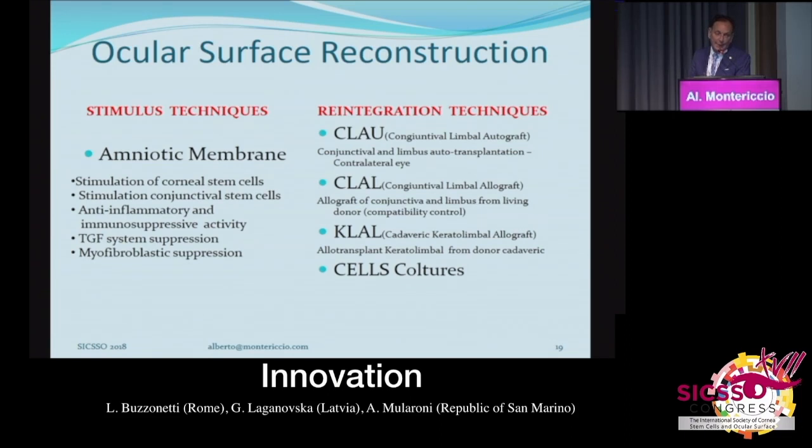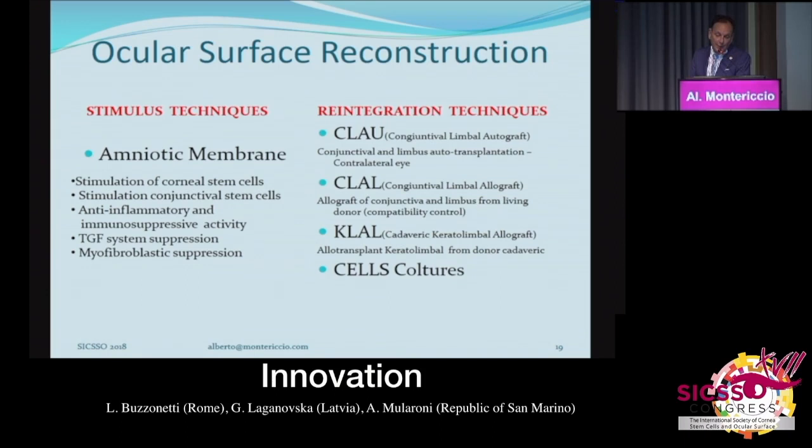But what can we do? We do have stimulation techniques, so we can use the amniotic membrane, trying to reduce the inflammatory processes, which are particularly severe. And then we can stimulate possibly existing limbal stem cells and re-establish the corneal epithelium.